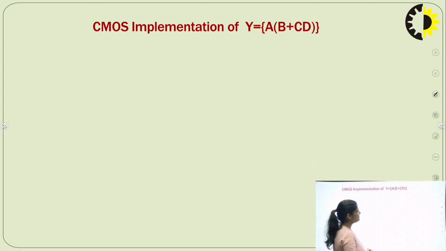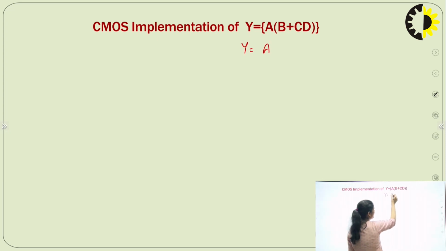Now in the previous equation there is a bar, but here the bar is absent. It means what? You have to take input (A dot (B plus C D)) whole bar. It means if you are taking this input, you will get output directly, Y is equal to A (B plus C D).